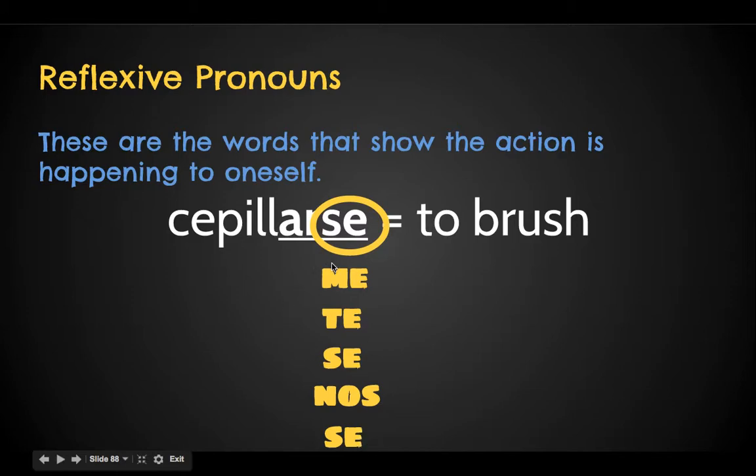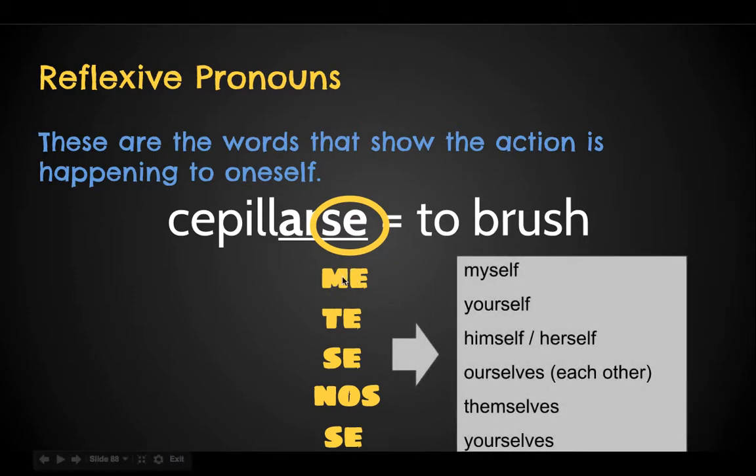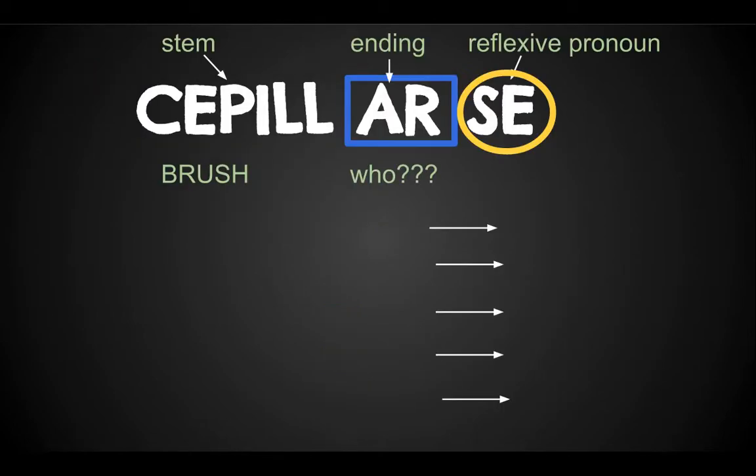If I am brushing my own teeth, that becomes me cepillo los dientes. And these words, the reflexive pronouns, basically tell the listener that it's myself, yourself, himself, herself, ourselves, themselves, or yourselves, plural. So make sure you pause the video to copy these things down. I'm going to move on to the next slide.